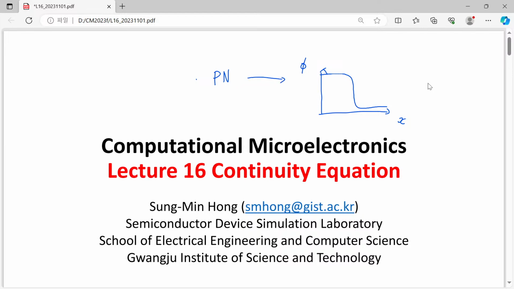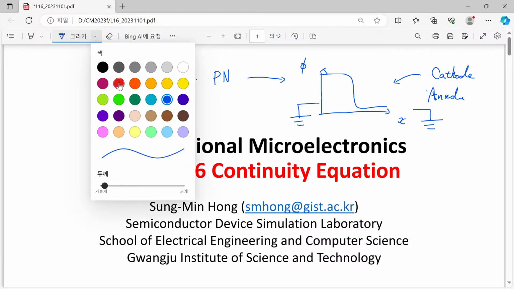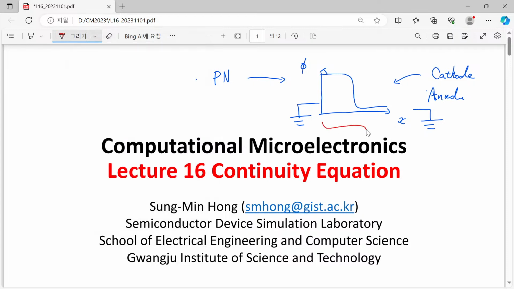But this quantity obtained from our nonlinear Poisson equation is restricted to a certain case where our cathode voltage and anode voltage are the same. Since we have applied the same bias to our cathode and anode, there is no difference in the applied voltage.